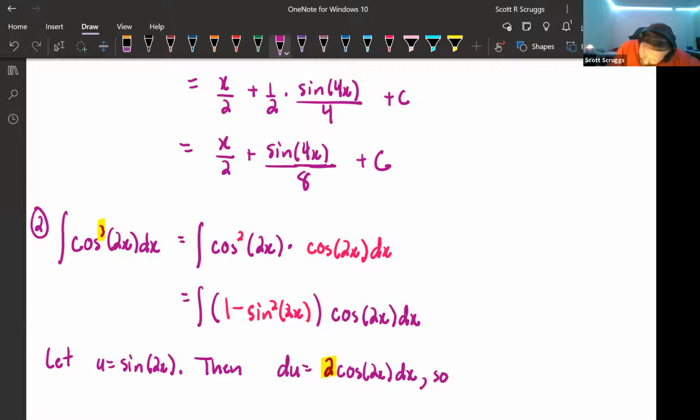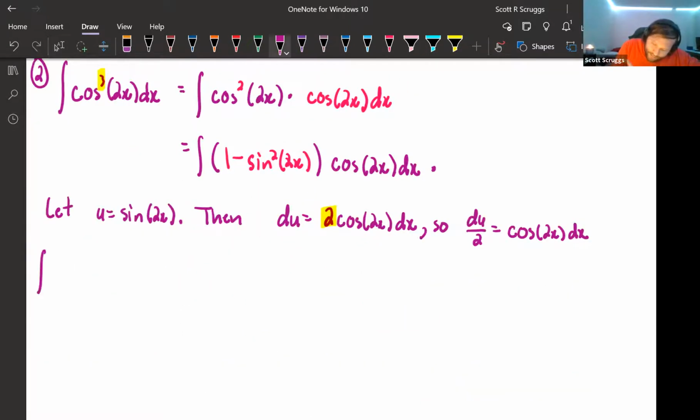So du over 2 will be cosine of 2x dx. I now know everything that needs to go inside this integral. So now I'm ready to begin the u sub.